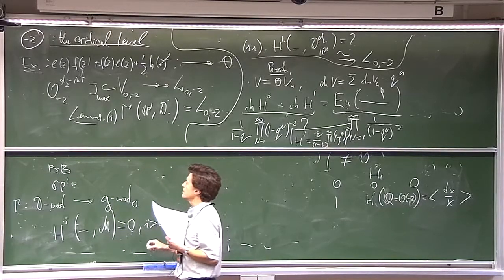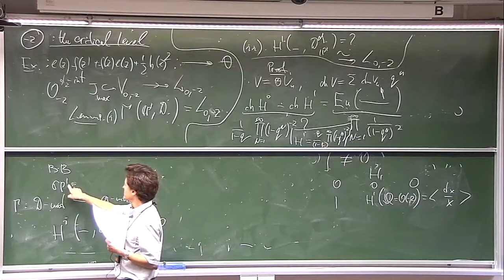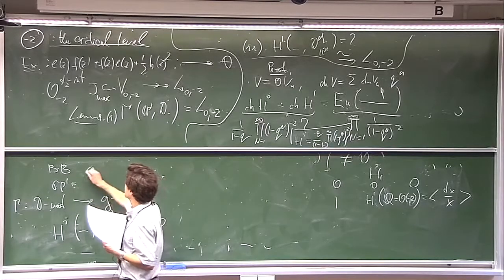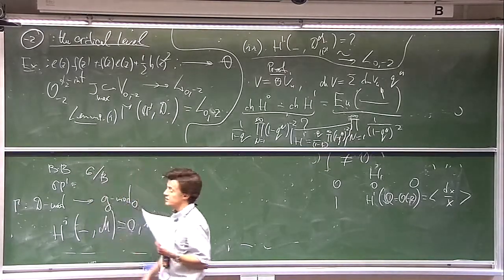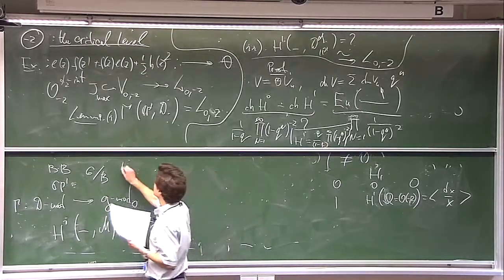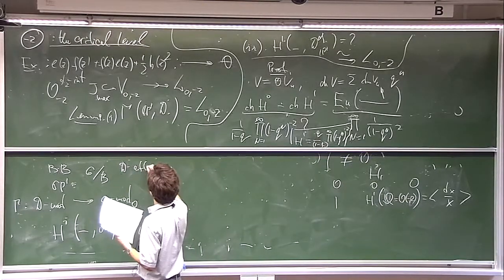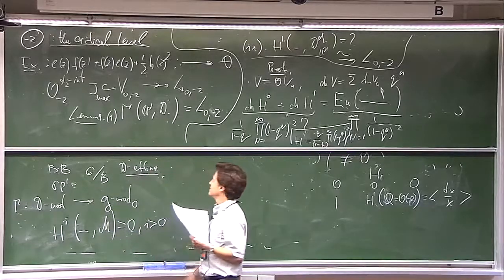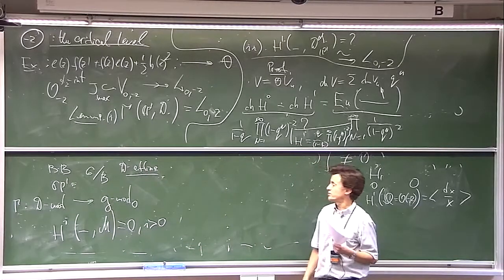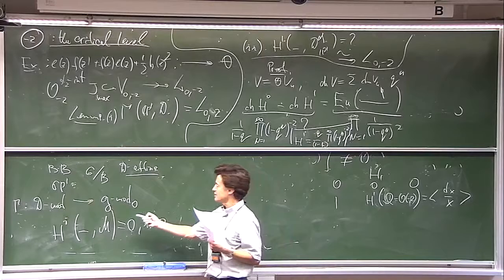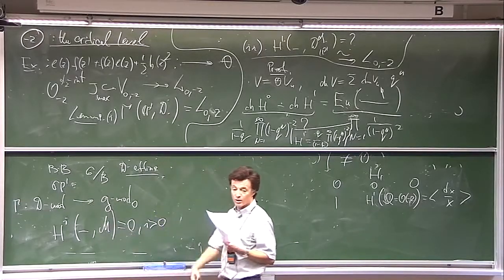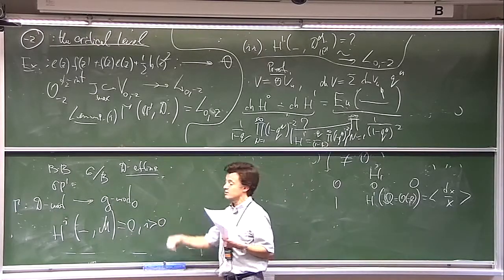That's the reason why they called this particular variety, and the same is valid for any flag manifold, D-affine, because that's the characteristic feature of similar results with D replaced with O, the characteristic feature of an affine manifold.